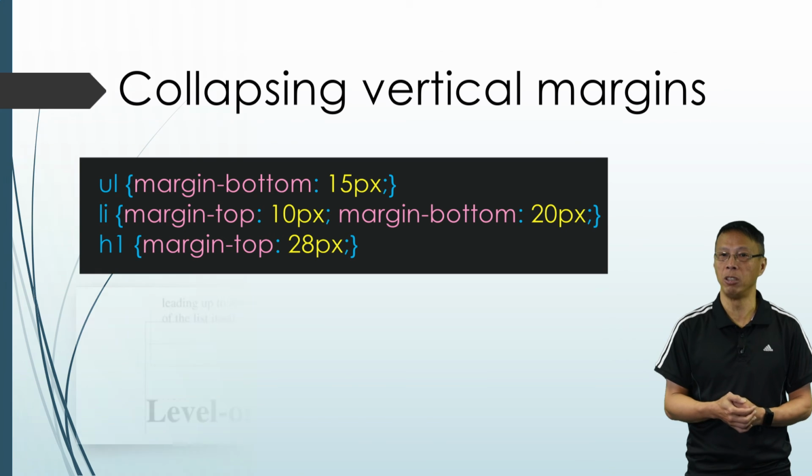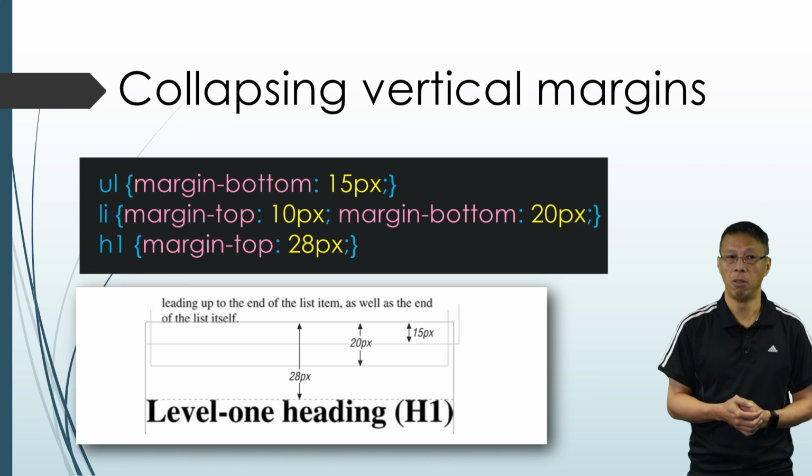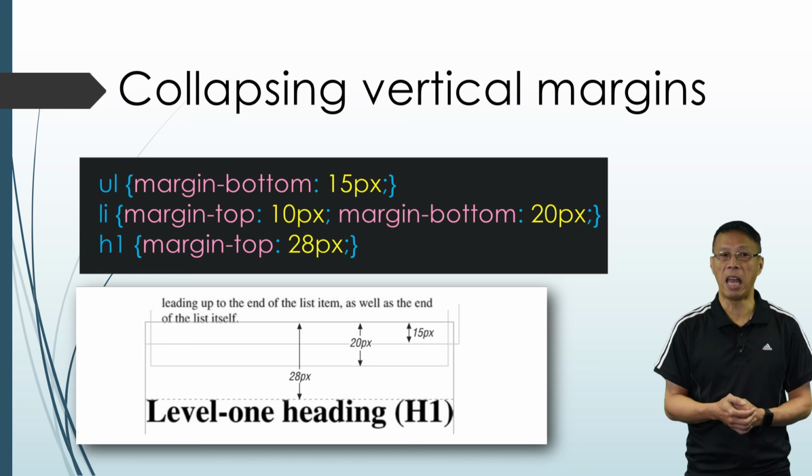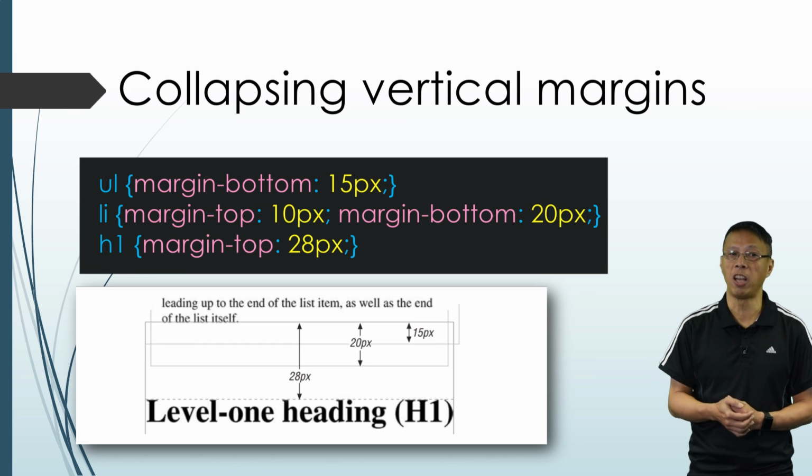UL, bottom margin, is 15 pixels, where H1, the margin is 28 pixels. The margins can be collapsed, and the distance between the end of the li element and the beginning of the H1 element now becomes 28 pixels.